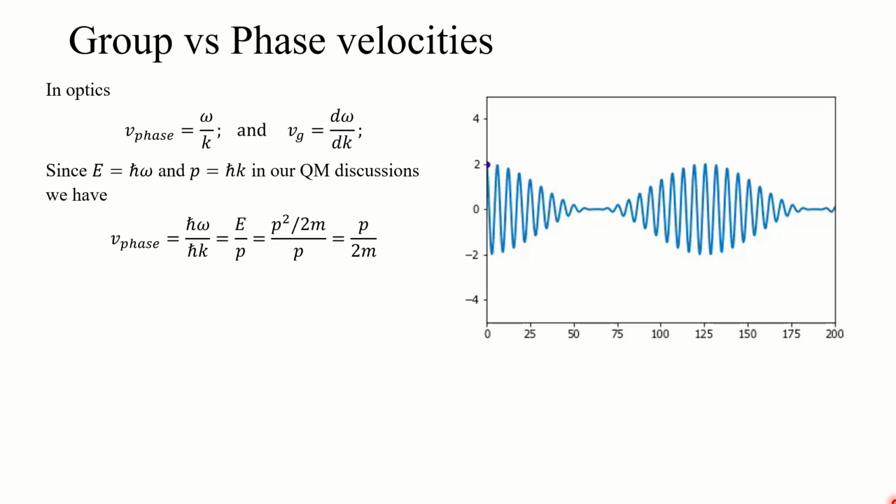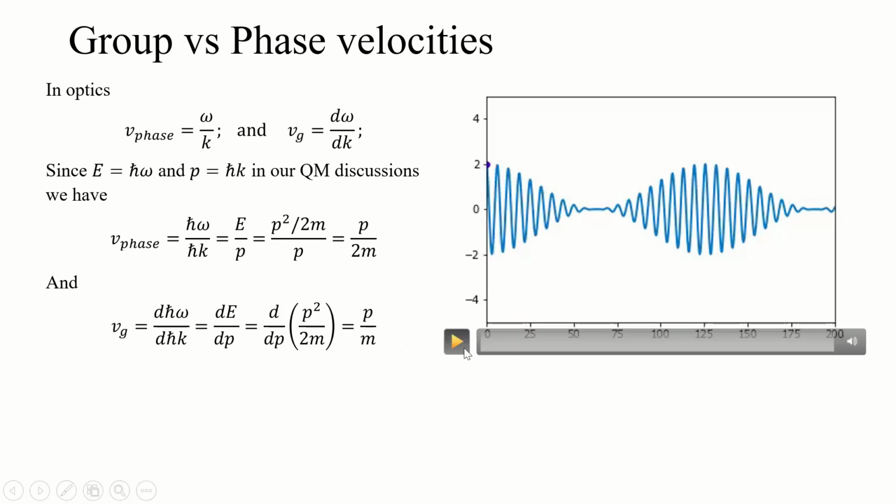So, mapping that, we can throw in an h bar over h bar in both of these relationships, and that gives us that our phase velocity is just the energy divided by the momentum, and if the energy is p squared over 2m, that gives us our phase velocity of p over 2m, just like we got, and the group velocity ends up becoming the derivative of the energy with respect to momentum. And if we take that derivative, we just get the momentum over the mass, which is the same as we had classically.